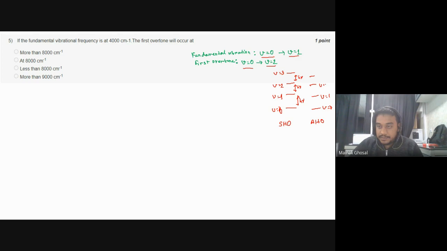Actually, what you have said here is that this transition energy is 4000. So what about this transition energy? Will it be 4000 into 2, 8000, or less than 8000, or more than 8000? What will be the answer? Now you can tell me.